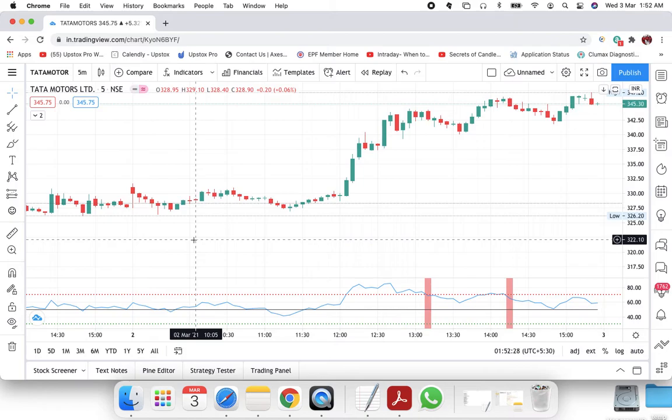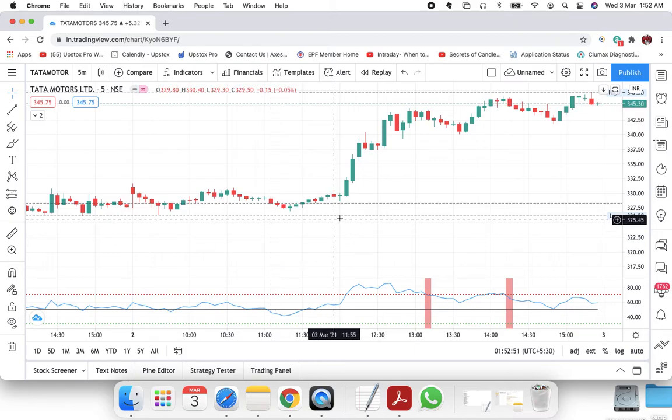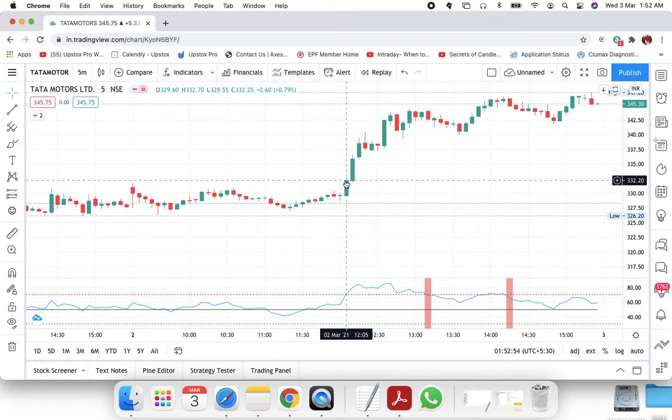And we need to wait for the candle to confirm its close region. So if it is an uptrend, the previous candle's high should be broken by the current candle, and the close of this candle should be higher than the previous candle's close.